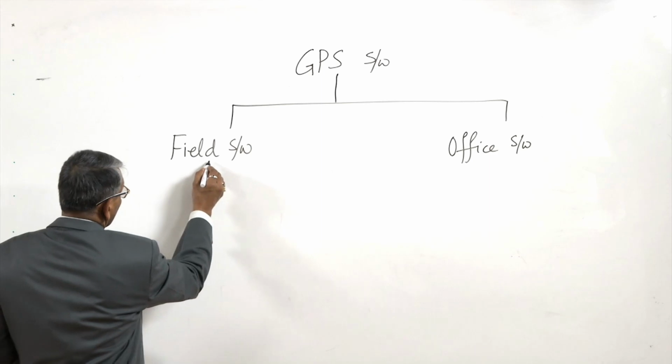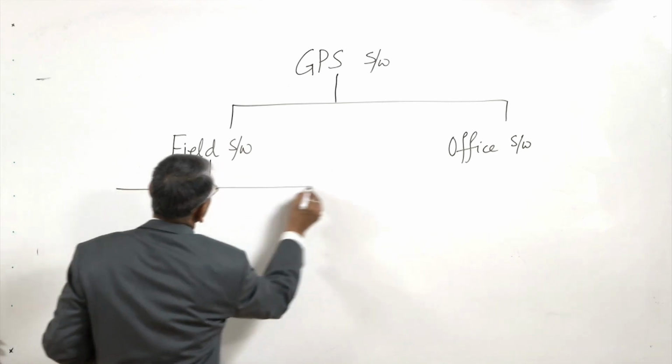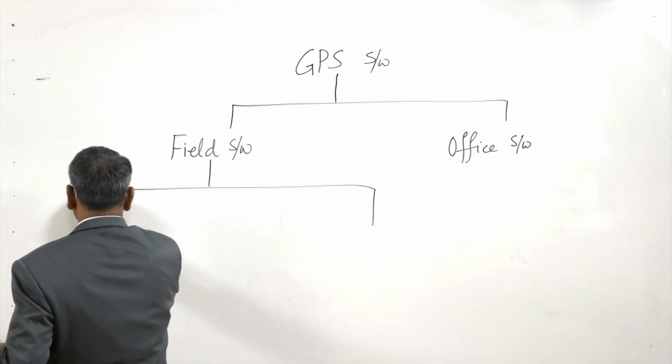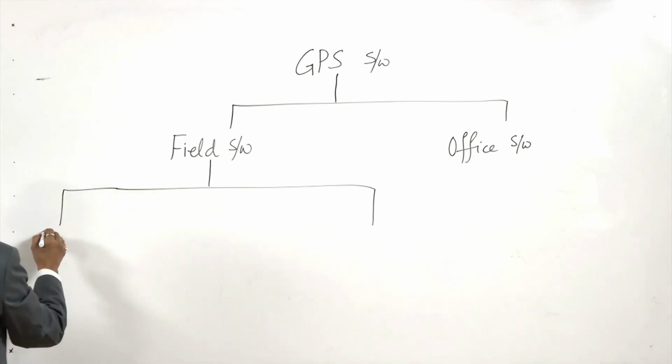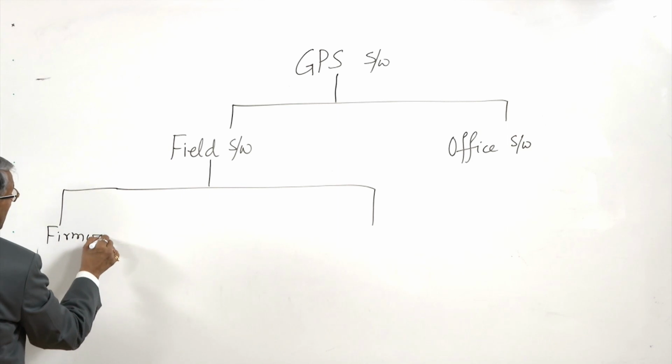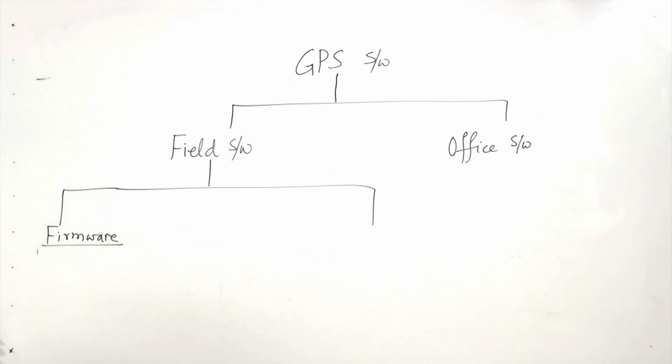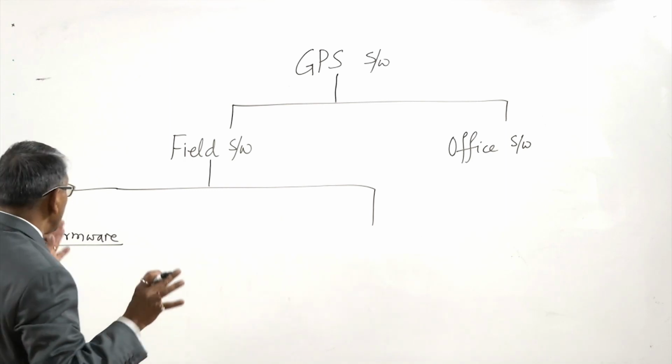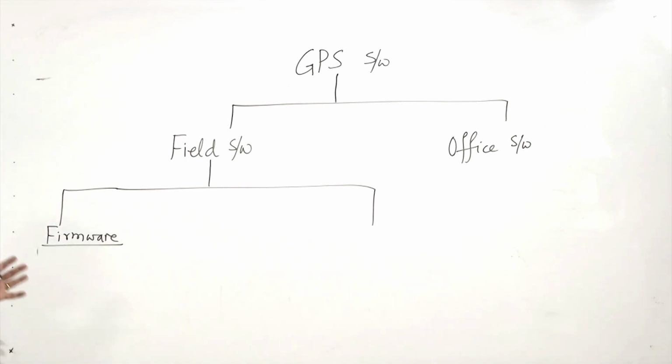Now again there are different types of field software. The software used to operate the hardware part of the GPS receiver is called firmware.